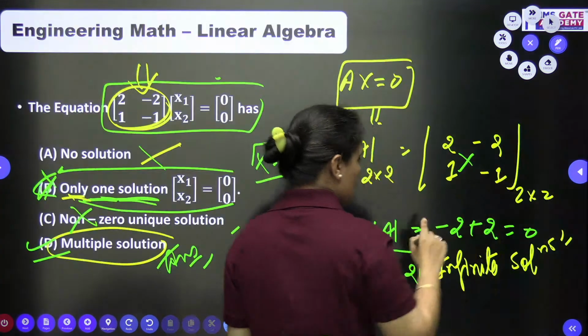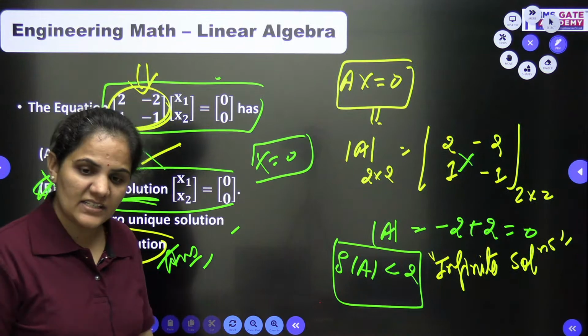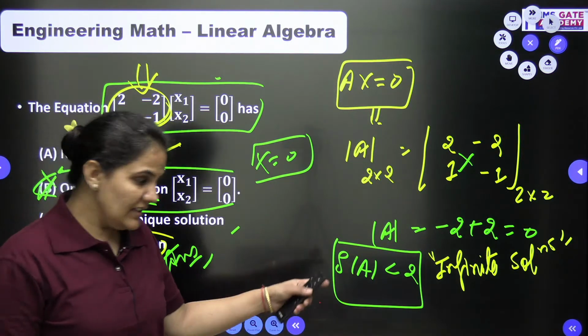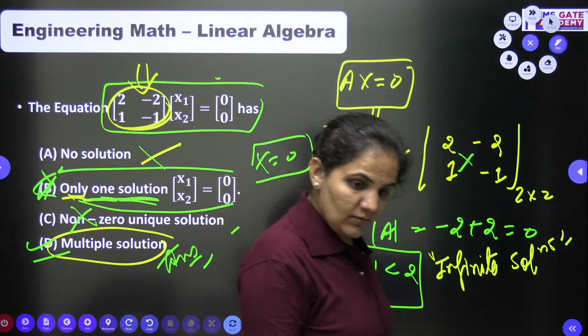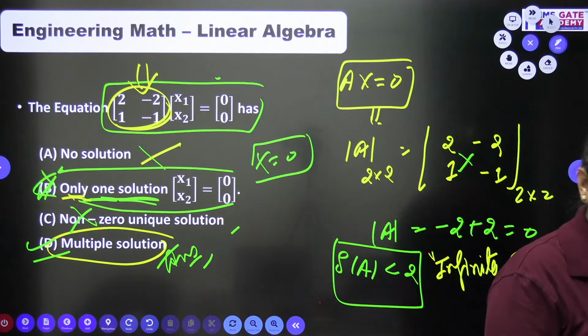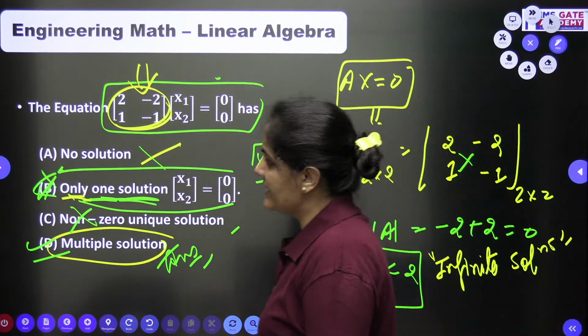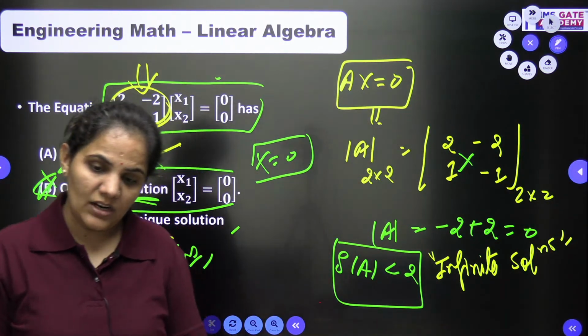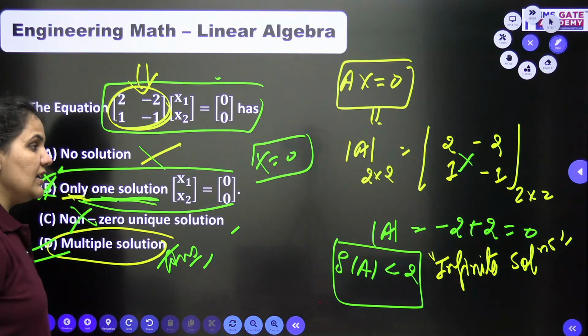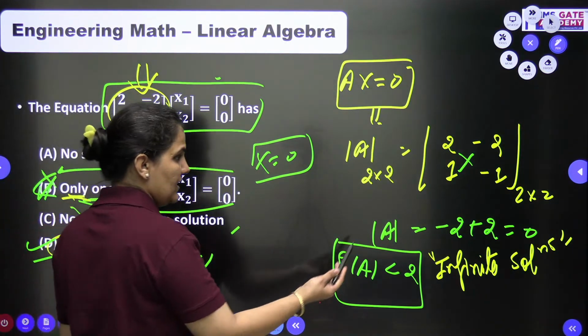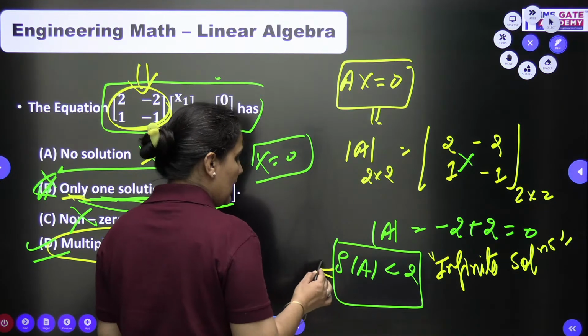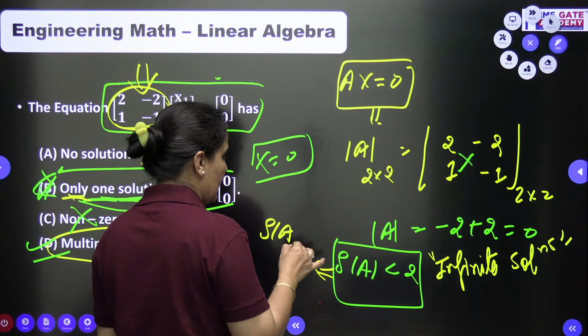In the last question, can you tell me what is the rank of this matrix A? Can you see here the rank of this matrix is actually 1. The determinant is 0, so rank is less than 2, which means the rank is 1 here.